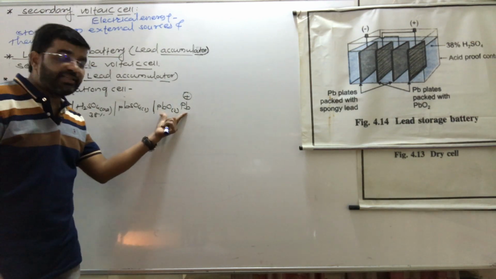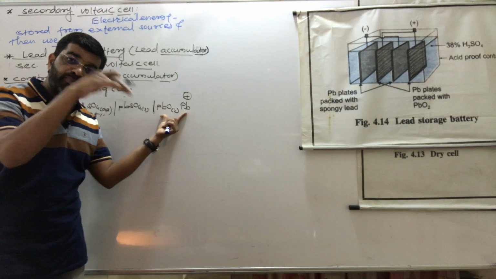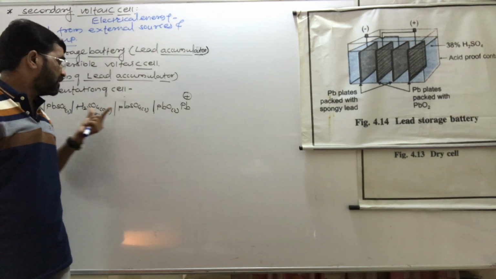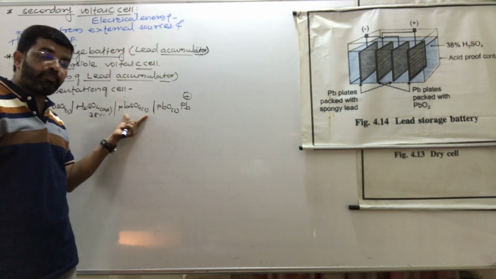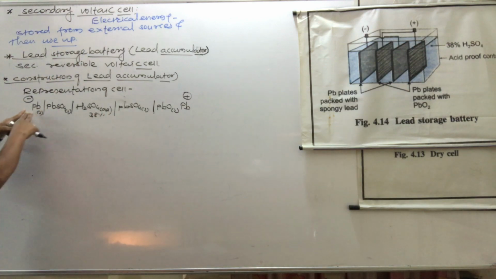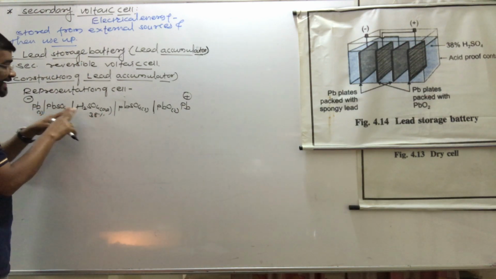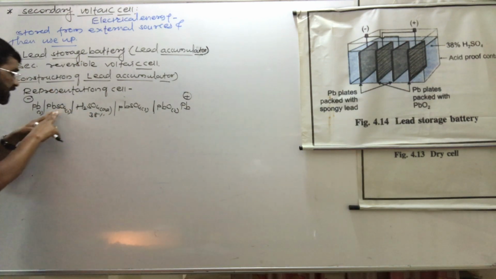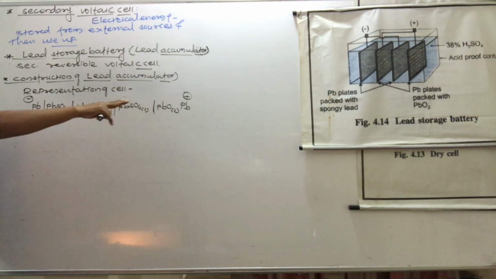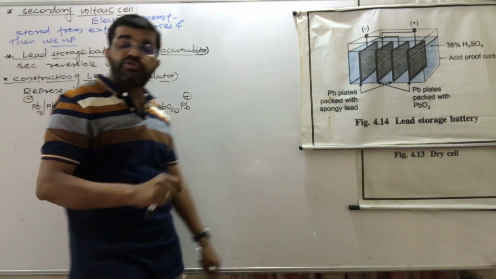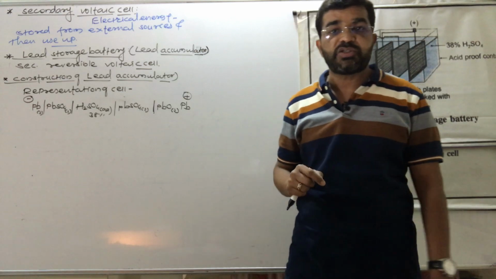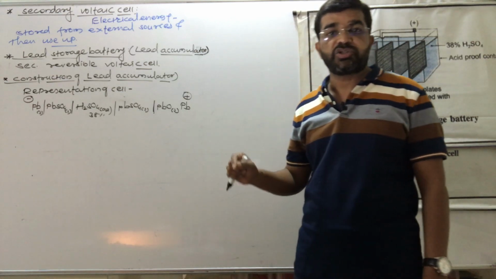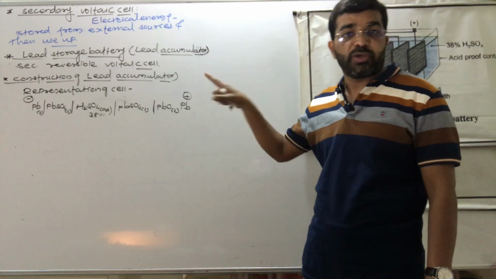Here the lead plates impregnated with PbO2 are placed directly in H2SO4, so it forms PbSO4. Here lead plates are directly inserted in H2SO4, and it forms PbSO4. And this is nothing but the representation of the lead storage battery, or the lead accumulator.